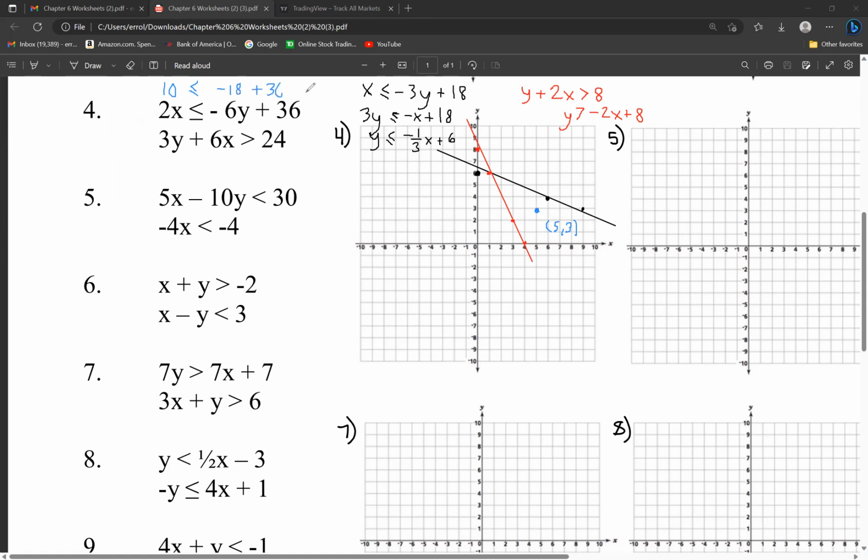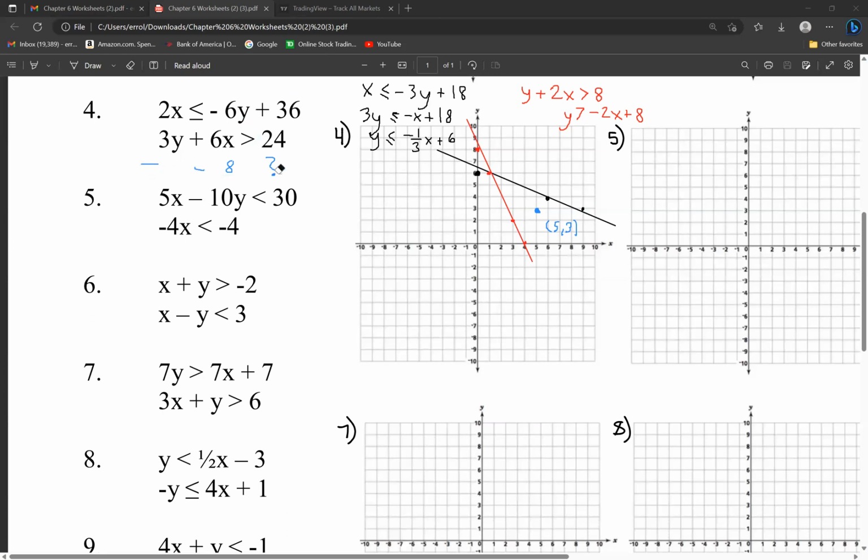Is that a true statement? Is 10 less than or equal to 18? Is that true or false? That's true. So when we plug in this point, we make sure the statement is true. It should be true because it's a solution, right?